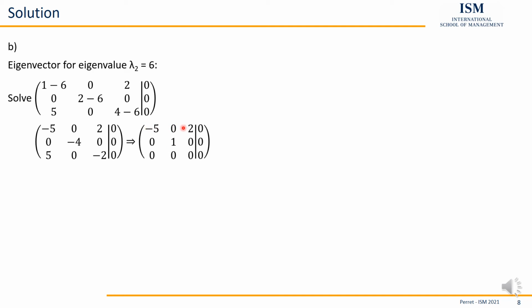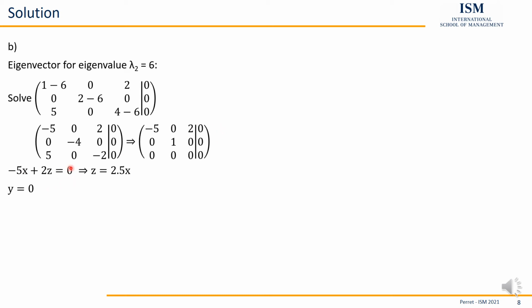So if I write them down again, first and second row, the only ones which are not only containing zeros, I have here from the second one, y is 0, and the first one, -5x plus 2z equal to 0.